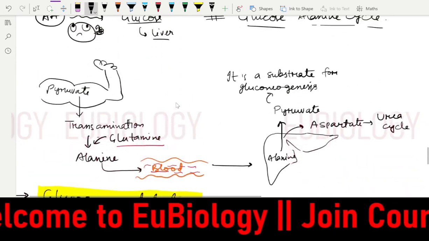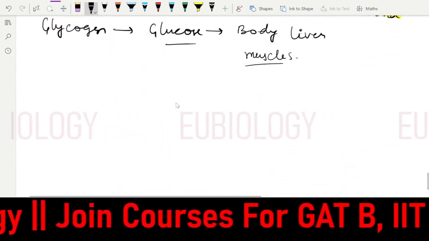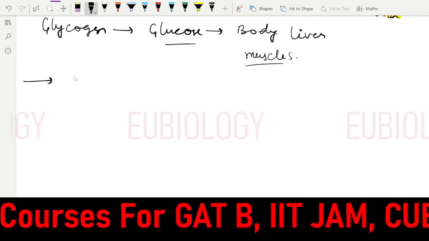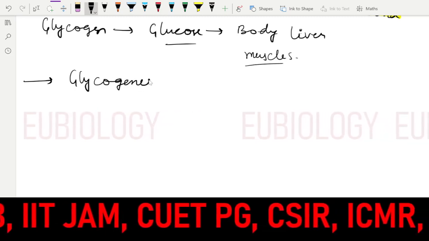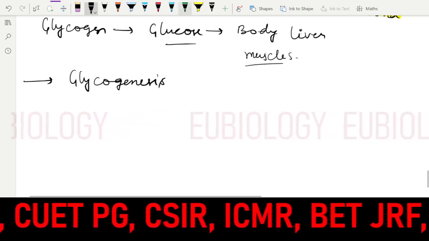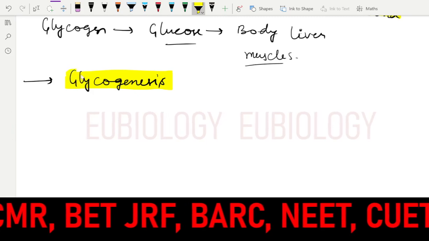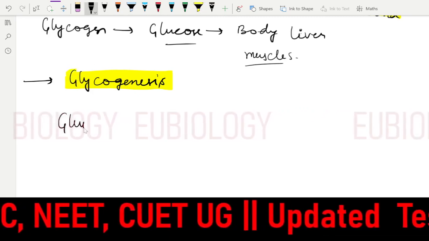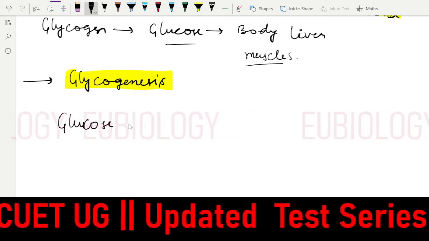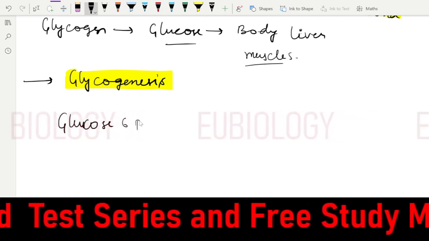So we'll study three things in glycogen metabolism. First, glycogenesis. In glycogenesis, we need glucose. Glucose is usually present in the form of glucose 6 phosphate.